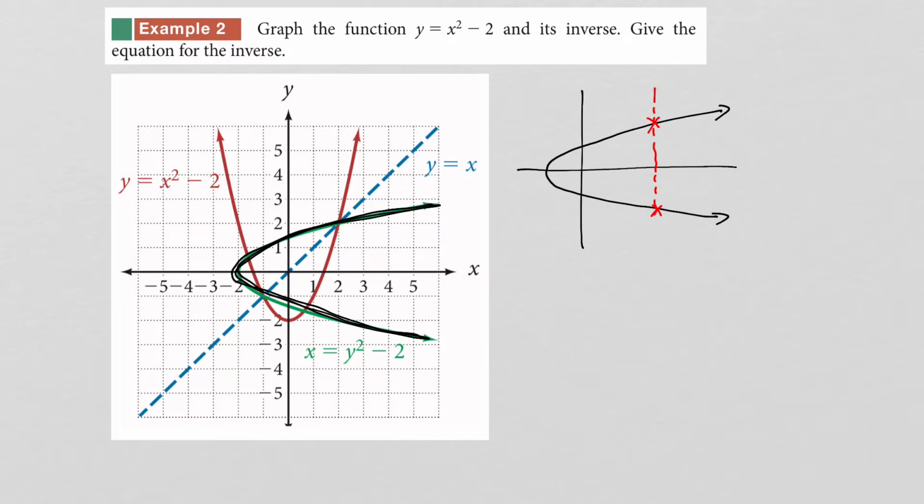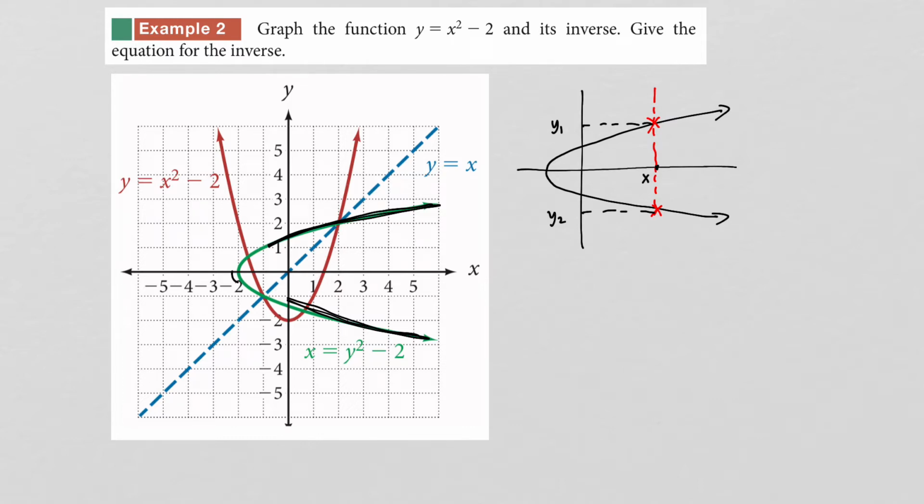So if I pick a value of x here, we get 2 different y values. We get a y value up here, I'll call that y1, and a y value down here, which I'll call y2. And this can't happen when you have a function. When you plug in a value of x, you get a single value for y. The reason this happened is because our original function is not a one-to-one function.